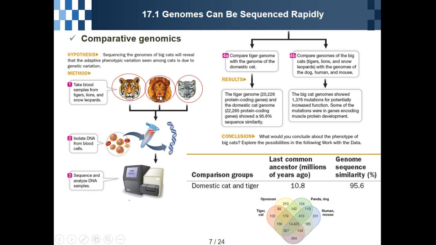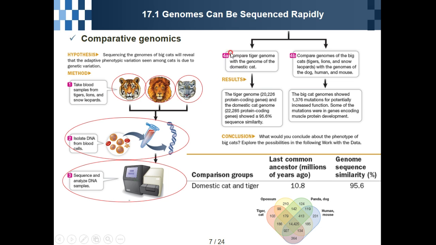We call them big cats: tiger, lion, and the snow leopard. We have the small cat in our home. Usually we can take a blood sample from this organism, after that isolate the DNA, and after that do high throughput sequencing.